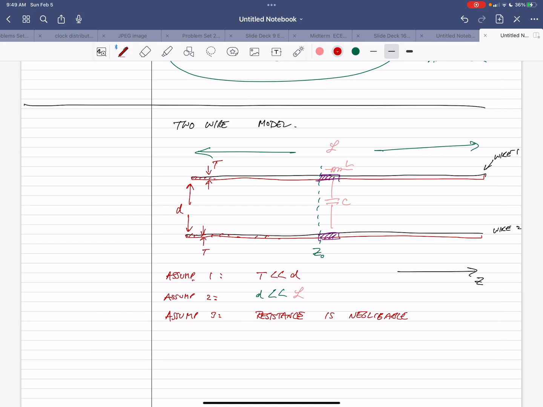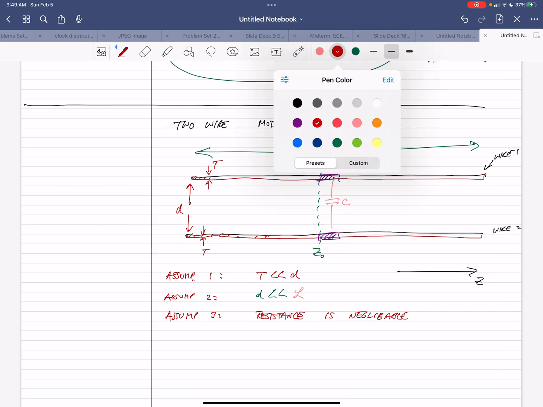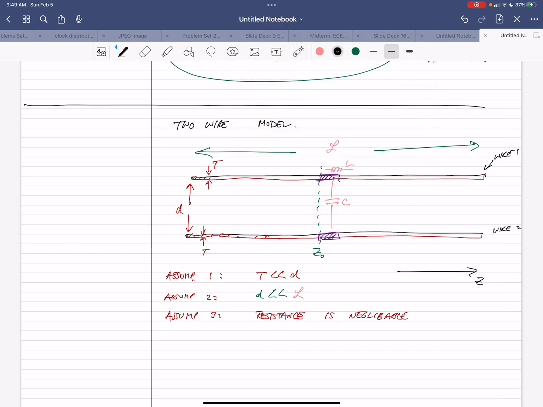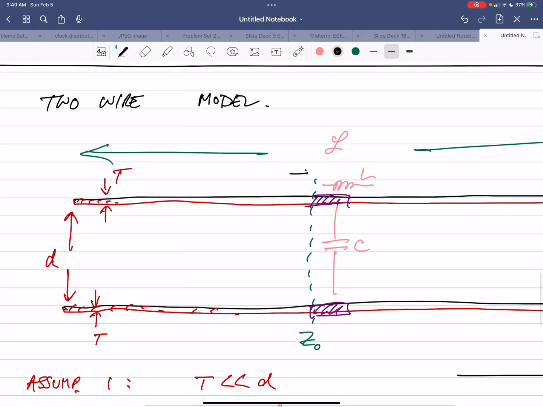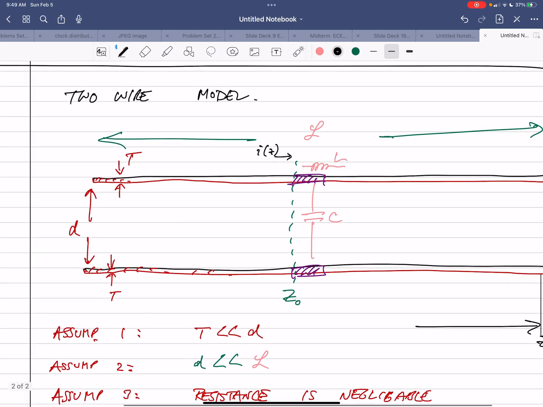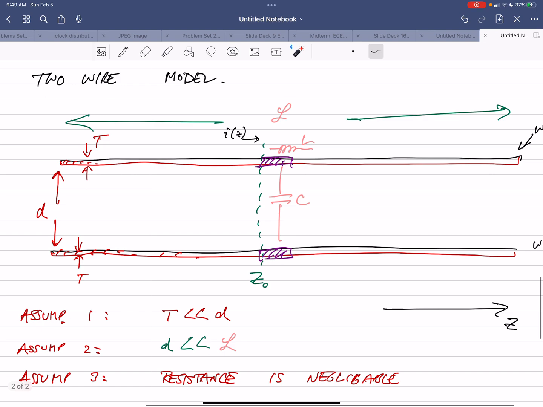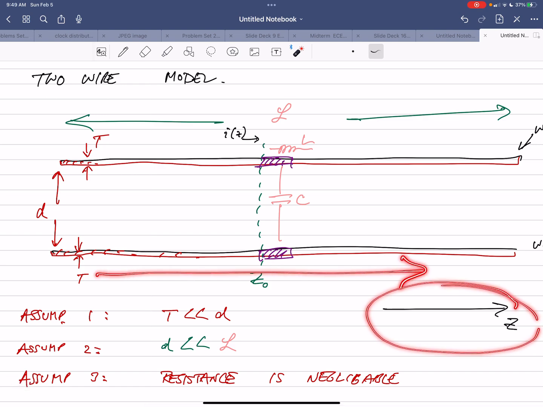If we think about current and voltage along this wire, again, if we just look at this little piece around Z0, we can call the current going in this direction I sub Z. The reason I'm calling it I sub Z is because it could be a function of location along the Z axis.